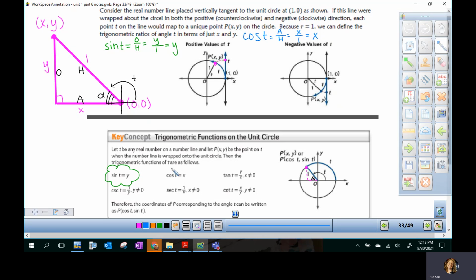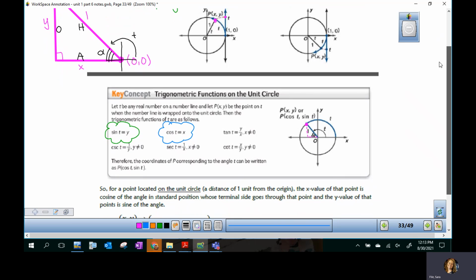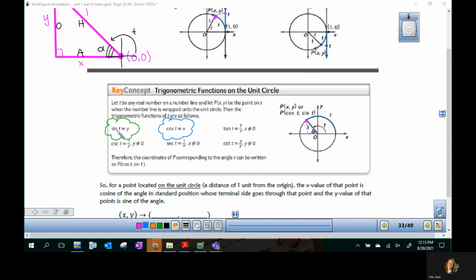So you can see in this little key concept box that it says that sine of the angle in standard position is the y value of the point on the unit circle that the terminal side intersects.